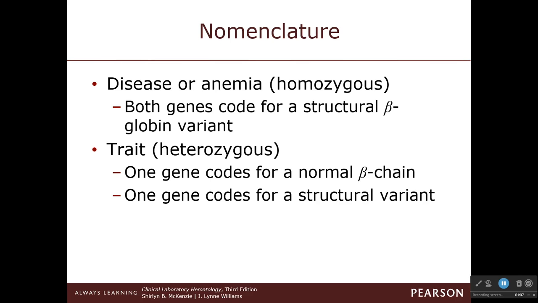So if I have a person that has beta A and beta A, and they may put them up here as superscripts instead of subscripts, that is a normal individual. They've got 2 A's and are producing hemoglobin A1.